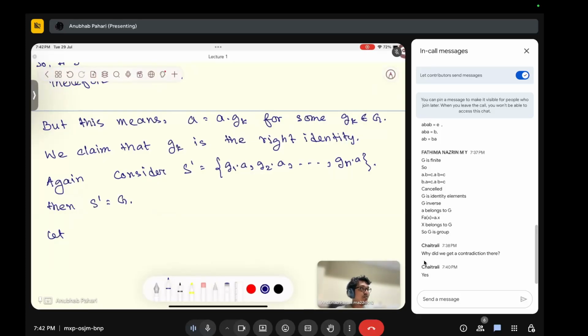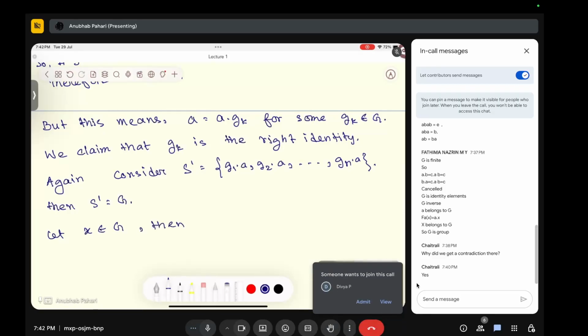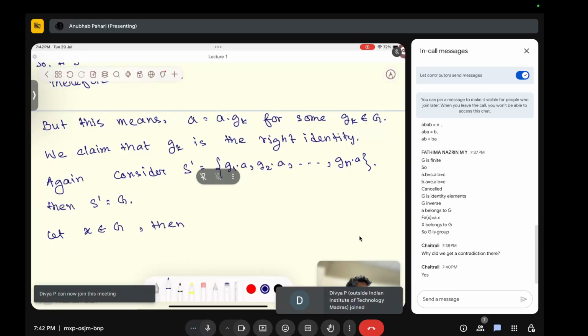Now let us assume that x belongs to G. Then x belongs to S dash.